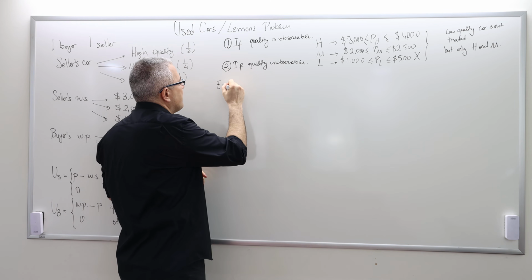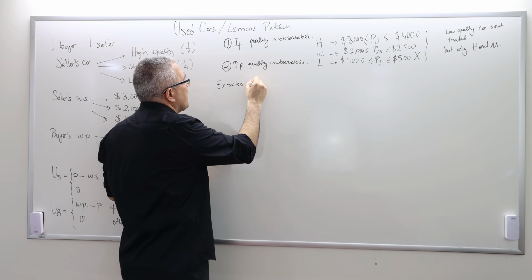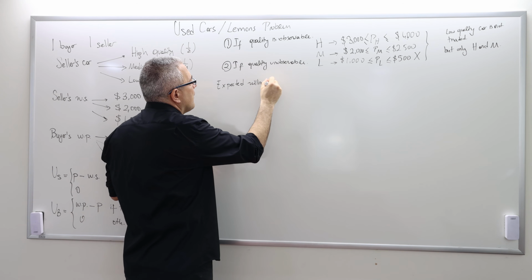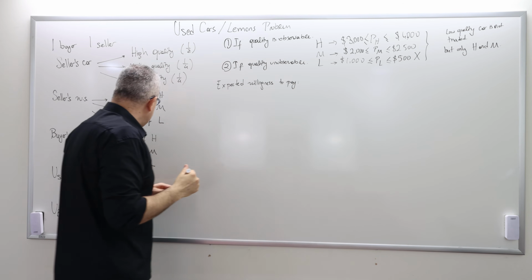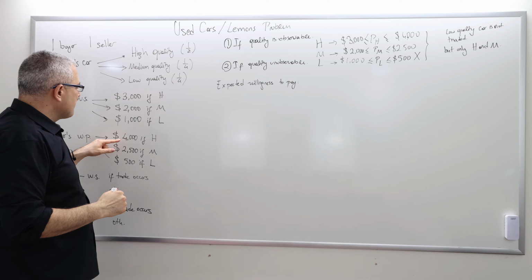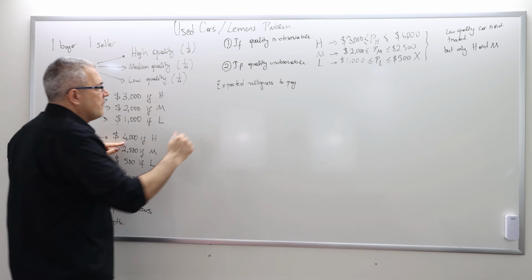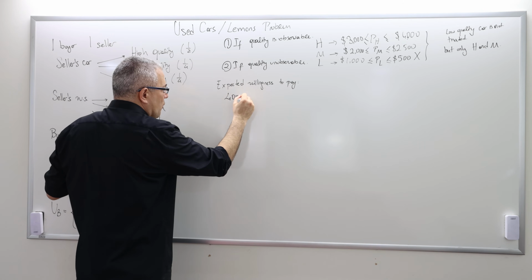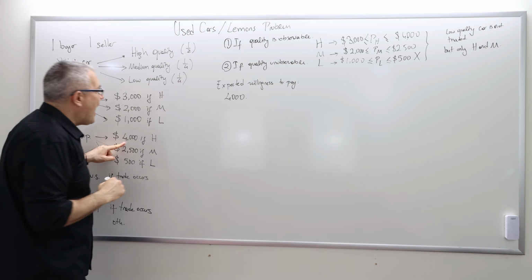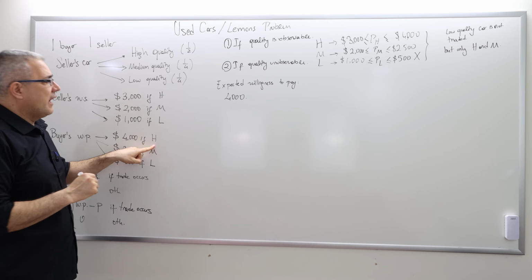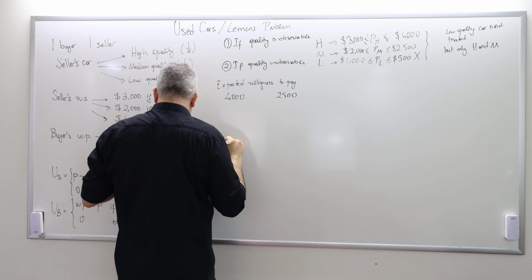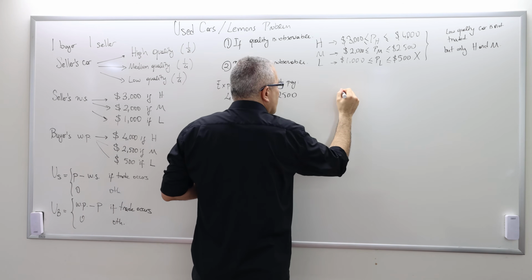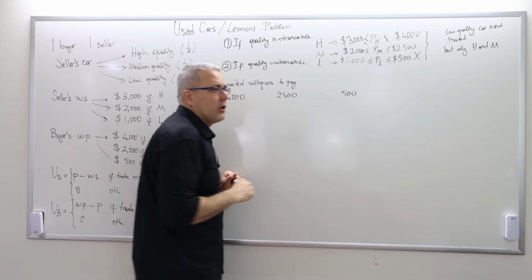So expected willingness to pay. Well, what does that mean? That means the buyer knows that he is willing to pay $4,000 for the car if it is high quality, $2,500 if it is medium quality, and only $500 if it is low quality.